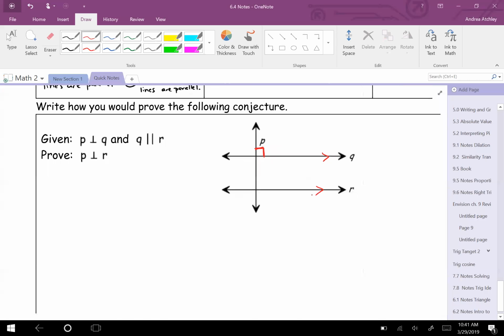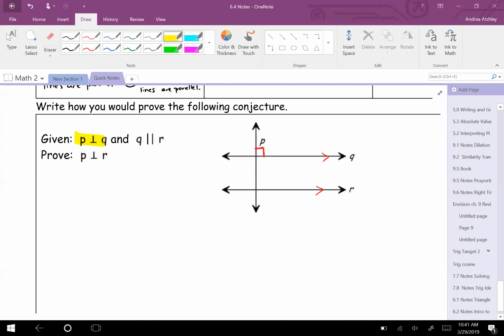So we're going to start with that first thing they told us, that those are perpendicular. The top line is perpendicular, not the bottom. Yes, we have to prove that though.